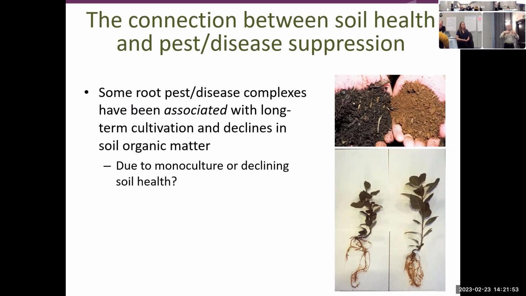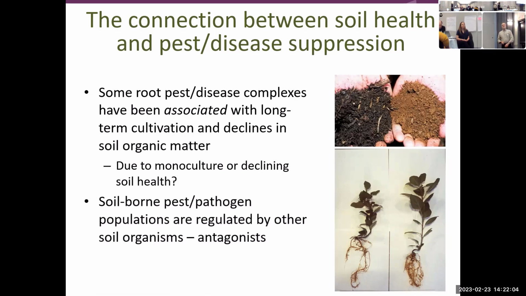And so that's why, in this modern era, as we're talking about improving soil health, we want to assume that we'll also be able to improve conditions with respect to root pathogens, et cetera. Another reason this connection exists is that we know, from the last 75 years of really important soil-borne plant pathology research, that most soil-borne pests and pathogens, in fact all of them, are regulated.